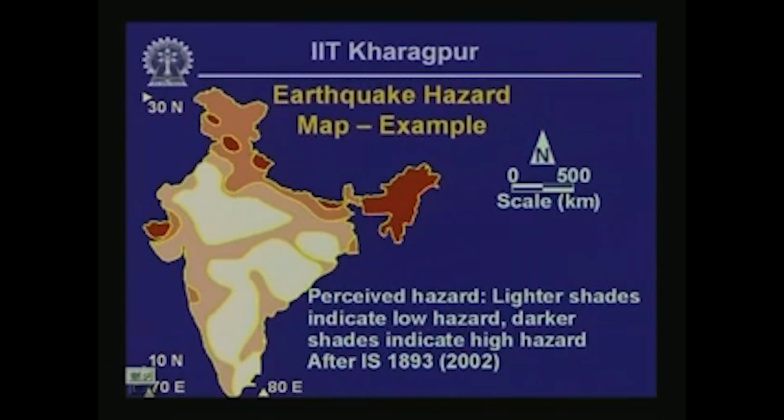This particular map does not originate from a rigorous probabilistic seismic hazard assessment, but a similar map can be developed from one, where the contours that crisscross a geographic area may represent various levels of peak horizontal ground acceleration, for instance, related to an earthquake that has got 10% probability of occurrence in 50 years, as you may recall from the discussion on design basis that we had in our earlier lessons.